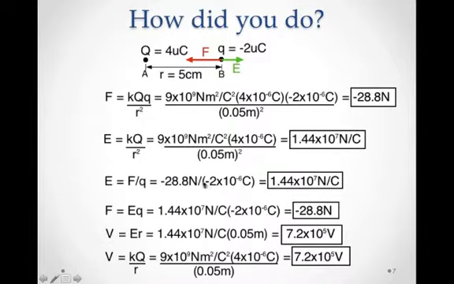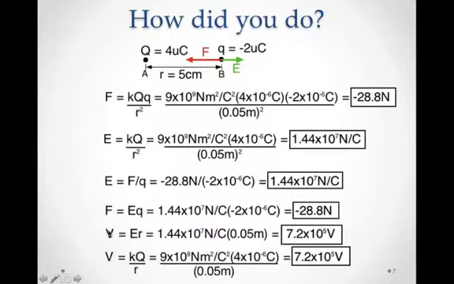Notice the negatives will cancel here. And we could work backwards if we knew the electric field strength. This is just showing that you could work backwards to get back the force using this easier equation. Force is equal to electric field strength times the charge.